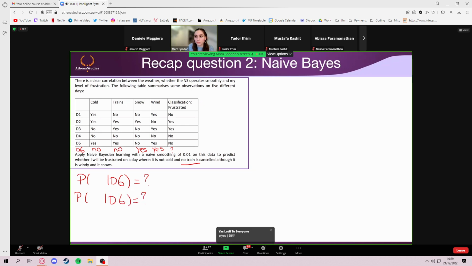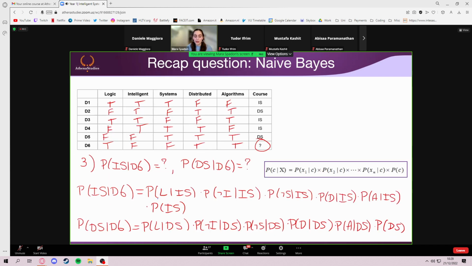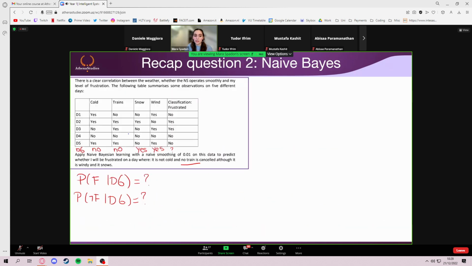Whether you're frustrated. Yes, saying D6 is not that clear. Indeed, we want to know, am I frustrated or am I not frustrated? So that is how you would do it. And how would we write down the entire formula? Well, we do the same as here. We apply the features that have been given in the table for D6.